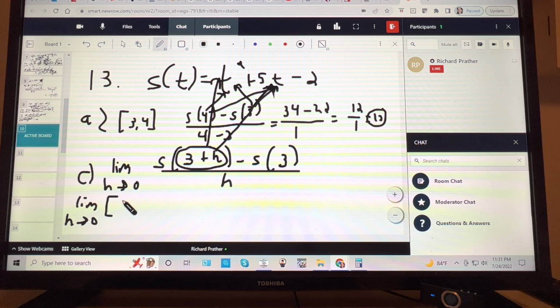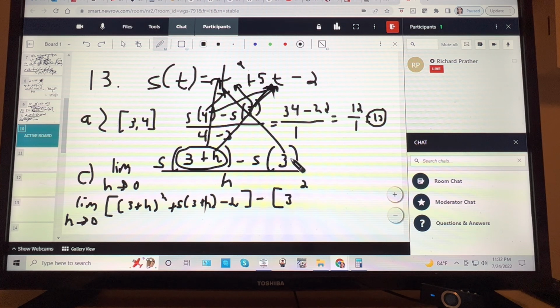So we're going to need 3 plus h squared, which we've already done twice today, plus 5 times 3 plus h, minus 2. That whole bracket right there is S of 3 plus h. Minus S of 3, so 3 squared plus 5 times 3 minus 2.